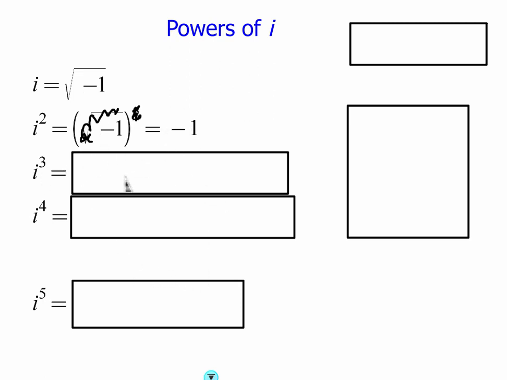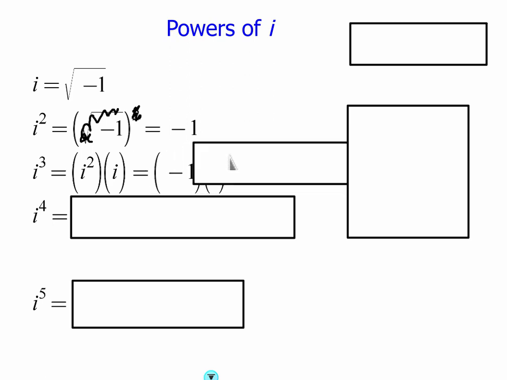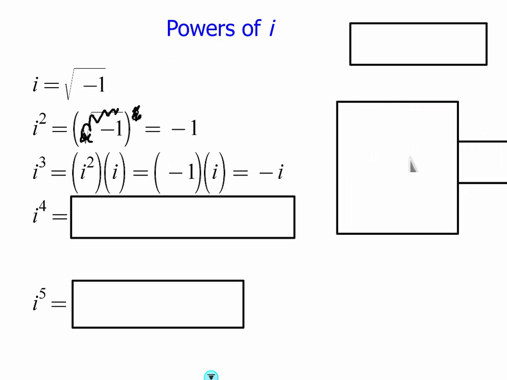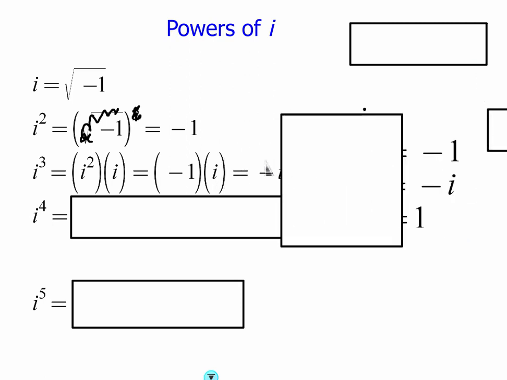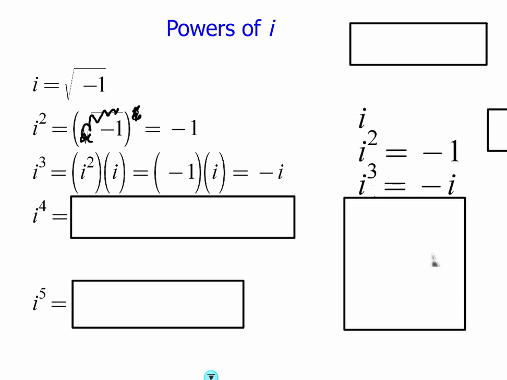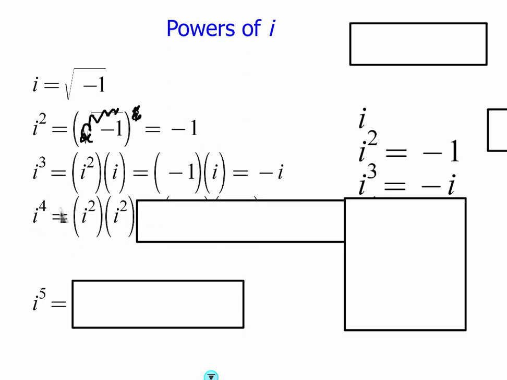If I do i cubed, well, i cubed is i squared times i. And I know i squared is -1, so I'm doing -1 times i, which gets me -i. So i cubed is just equal to -i. So I've got i squared equals -1, i cubed equals -i. And then if I deal with i to the 4th power, well, 4 is 2 plus 2.